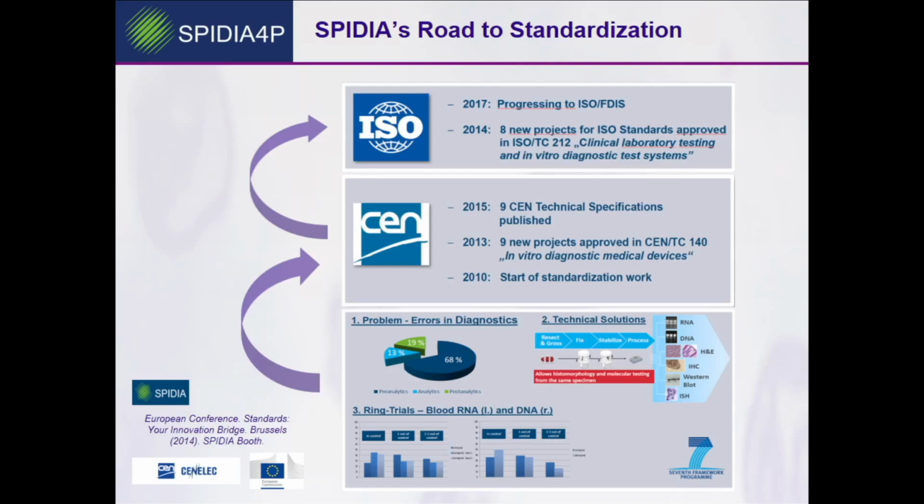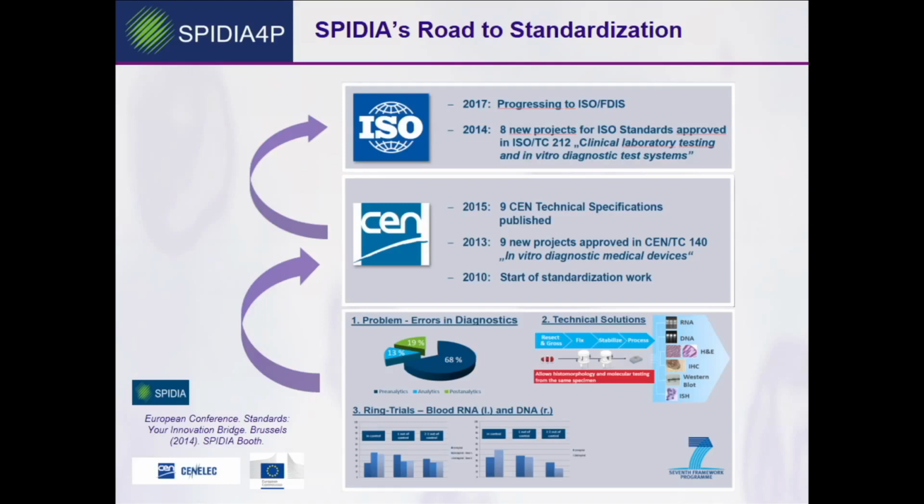identified the specific variables and presented also means how to standardize. And with these data, we went to CEN. CEN is the European Committee for Standardization, and presented these data. And specifically, within CEN, there's one technical committee, 140, for in vitro diagnostic medical devices.